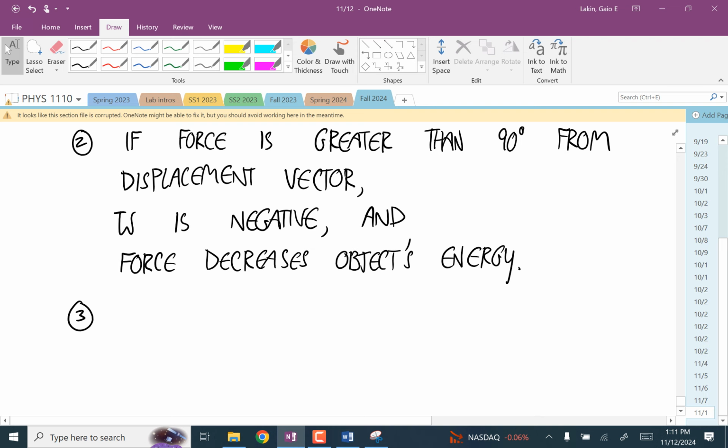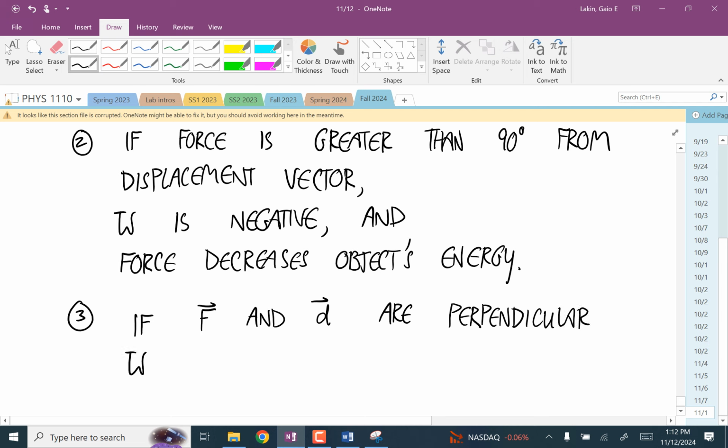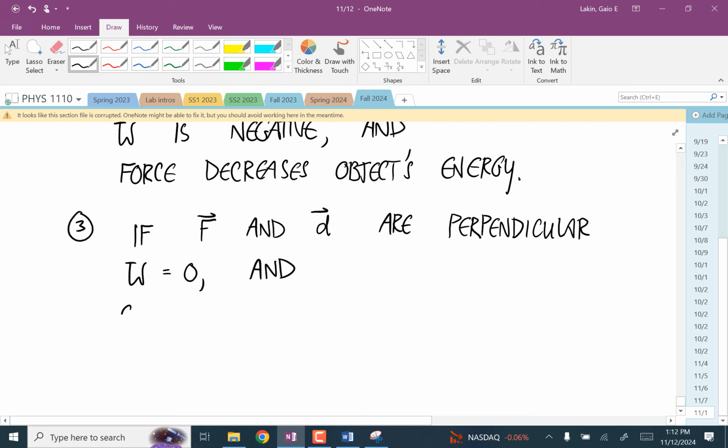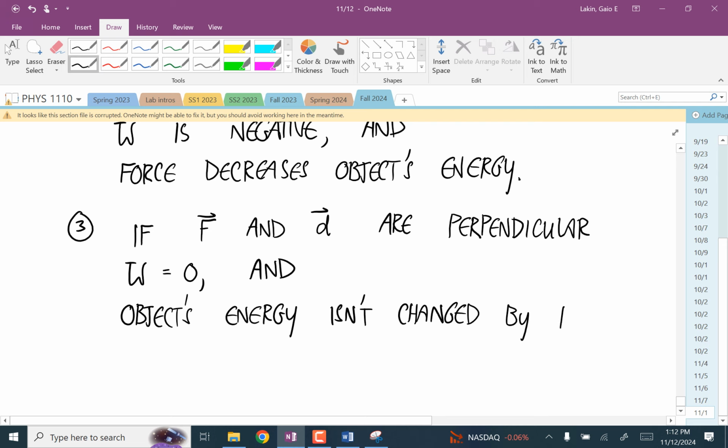So if the force vector and the displacement vector are perpendicular, then no matter how big that force is, the work is equal to 0, and the object's energy isn't changed by the force. Okay?